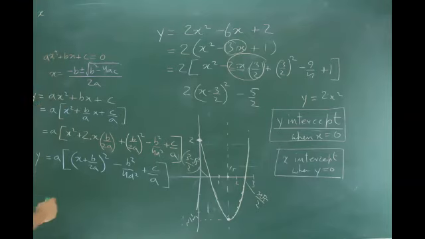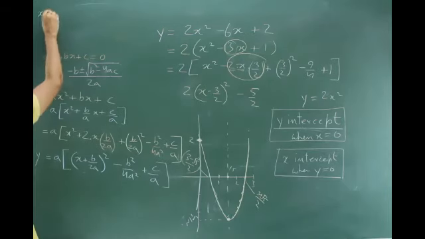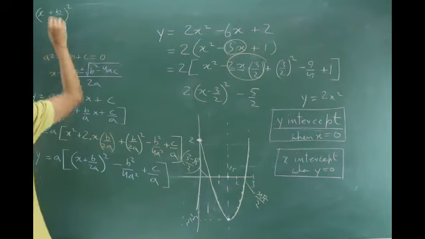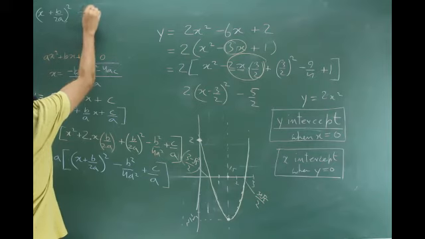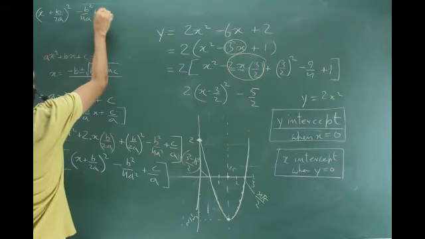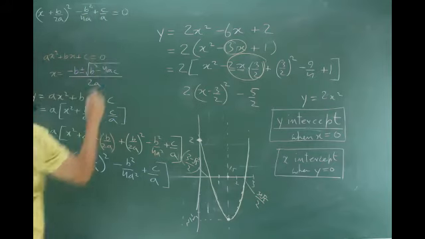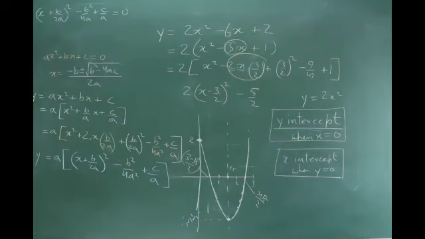Is this coming in the board? Yes, sir. Plus b by 2a whole square minus b square by 4a square plus c by a equal to 0, right? This is what I'll get, right? Yes, sir.